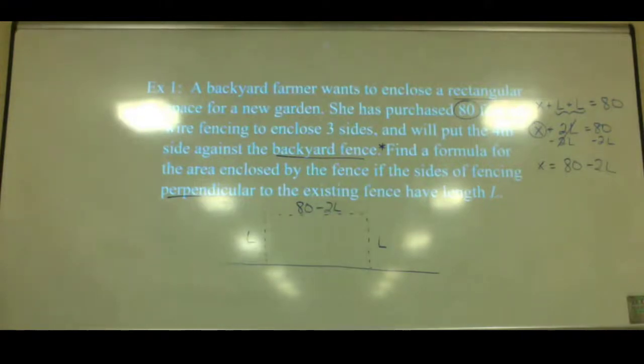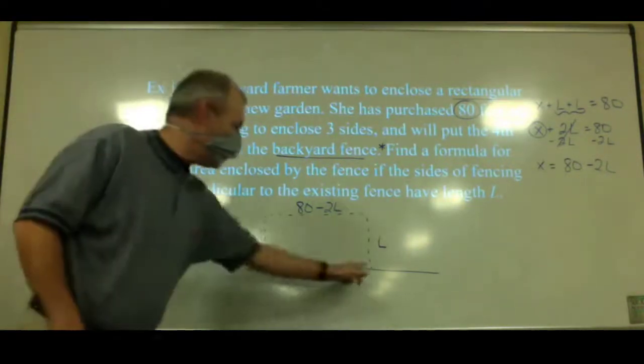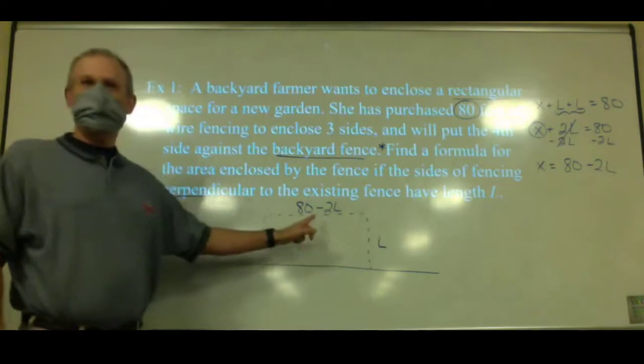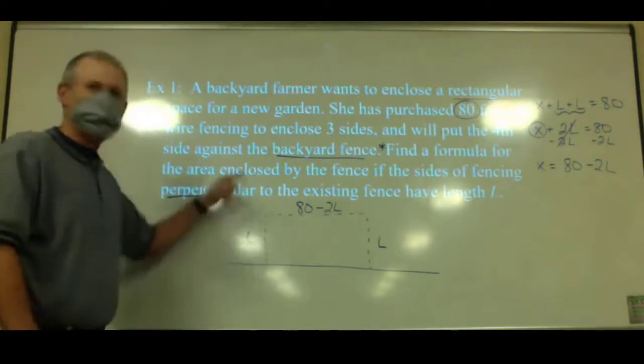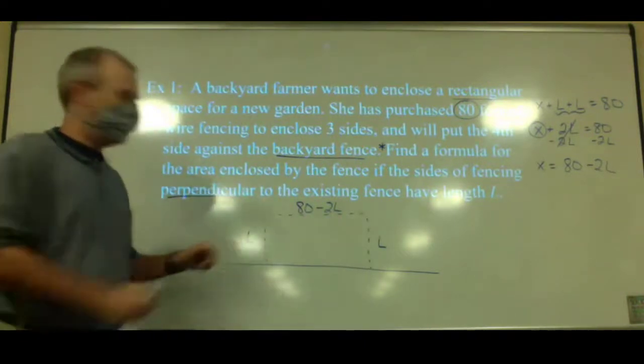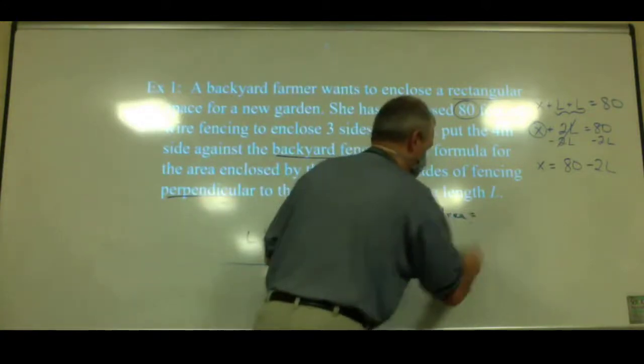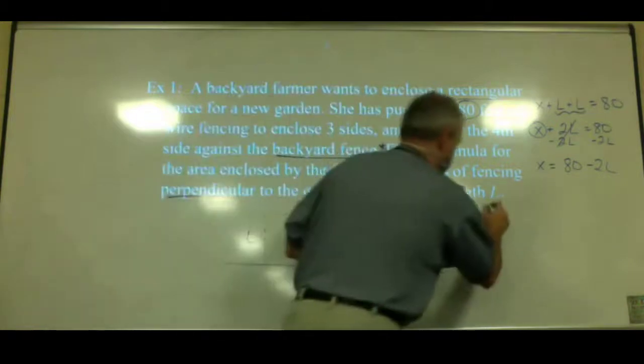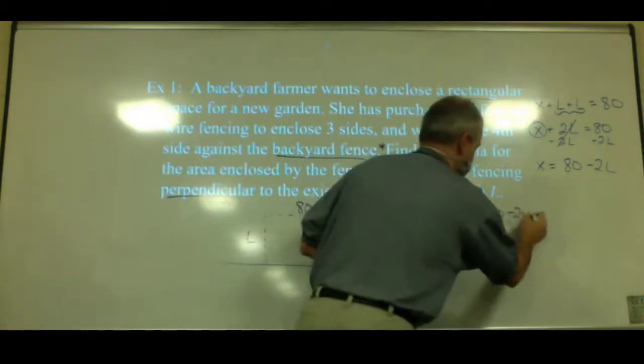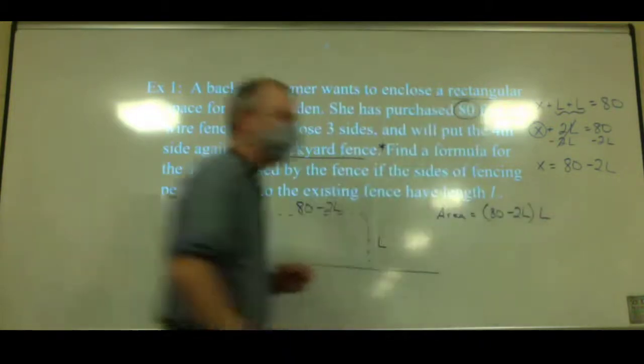Just length times width, or base times height, however you learned it. So we take this length, which we know is 80 minus 2L, times this height, which we know is L. So area equals the length, 80 minus 2L, times L.